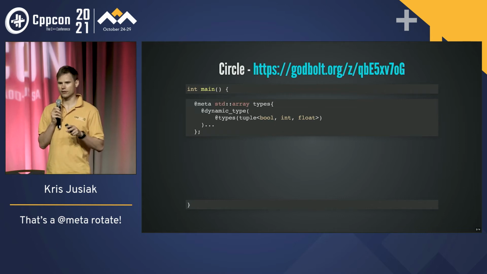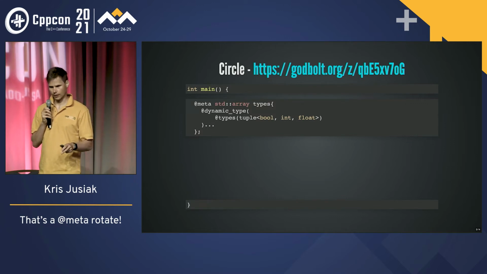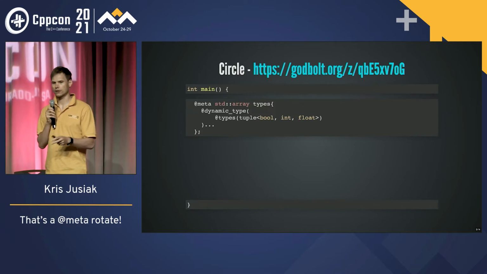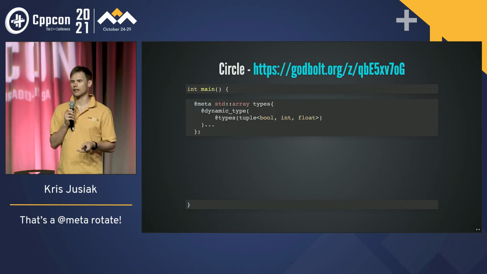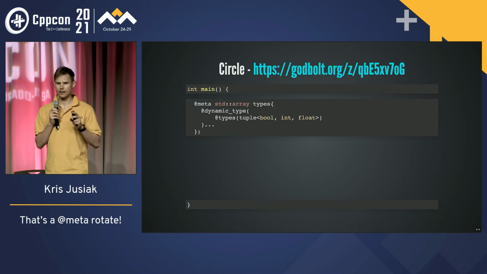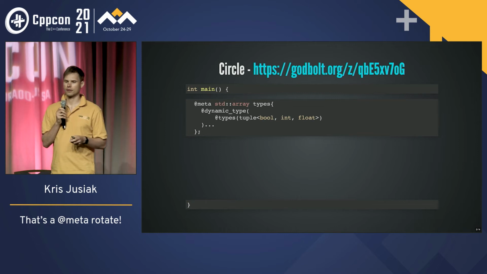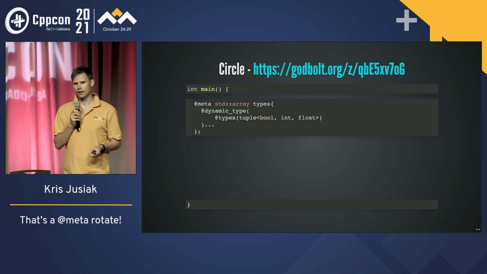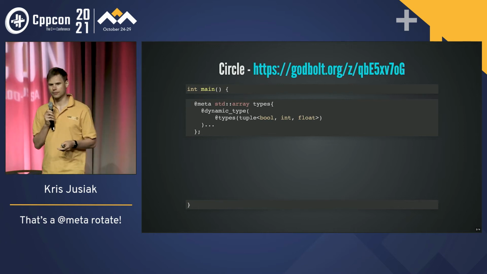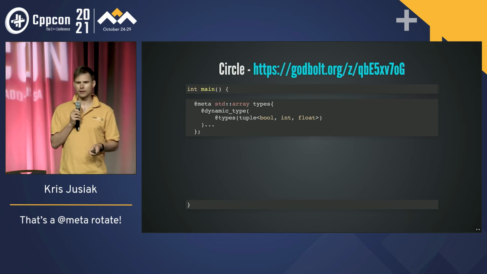So let's take a look more deeply at what is happening here. The add types of tuple of bool, int, and float will just give us bool, int, and float. After that, the dynamic type will convert that into the meta type, which is something like a pointer to AST, like a pointer to AST in the compiler. And we'll just do it at compile time, which will do the meta stuff.